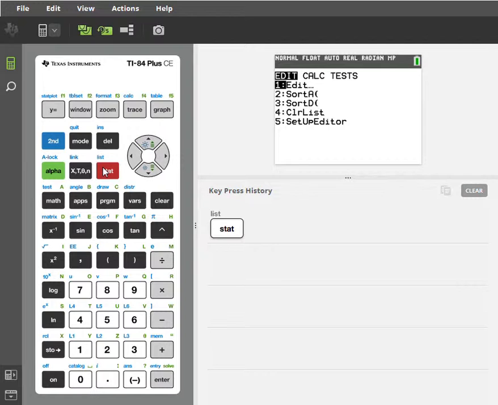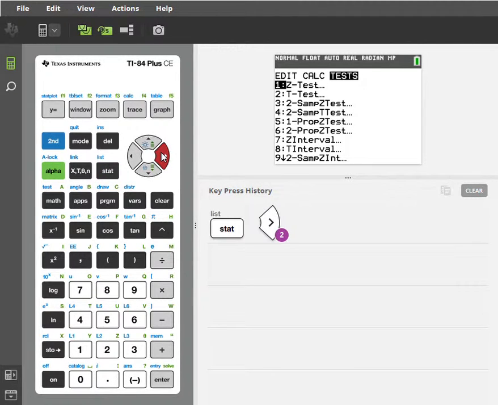Even though confidence intervals aren't technically tests in the sense of hypothesis testing, which we'll be doing later, it's still sort of a test. So we arrow over to tests, and then we have this big list here. Now, we figured out for this problem that because we have the population standard deviation, we are going to be finding a confidence interval using the Z, the normal Z distribution.